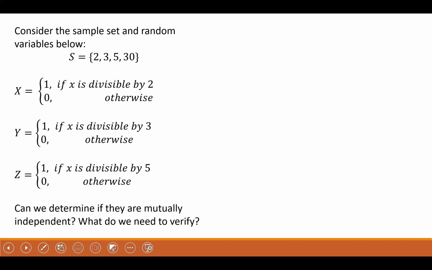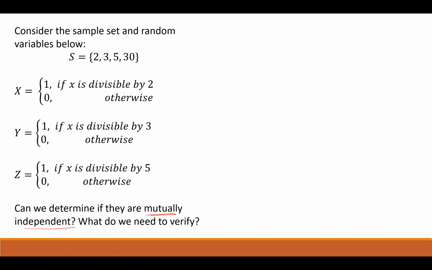What we described earlier was that they were pairwise independent. But if you remember, if we have three or more events, we can talk about them being pairwise independent, but we can also talk about them being mutually independent.